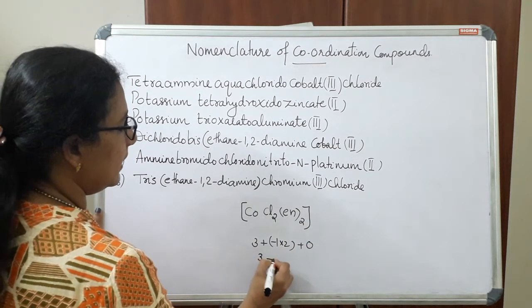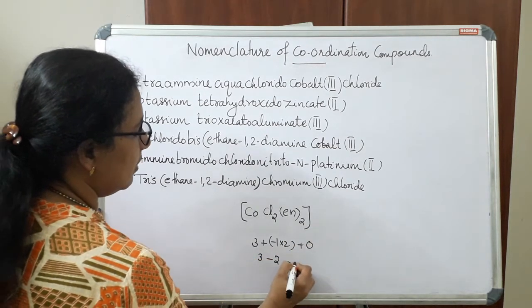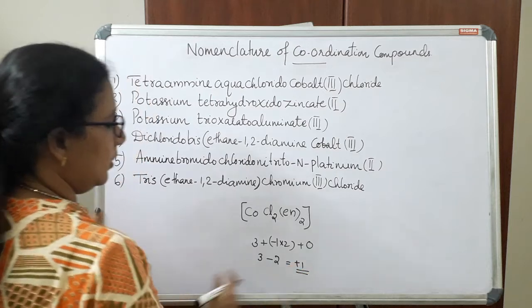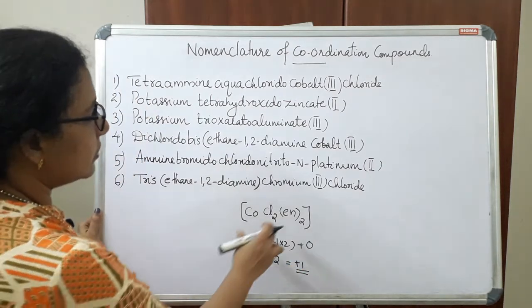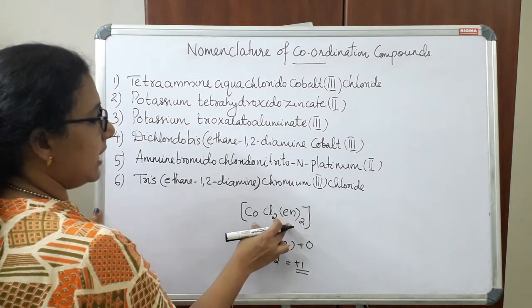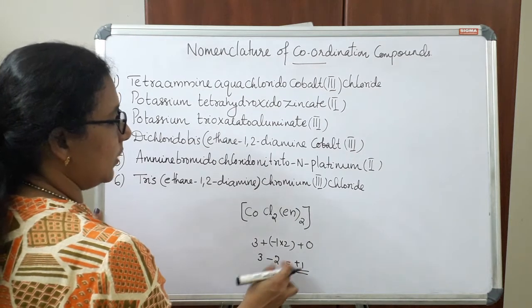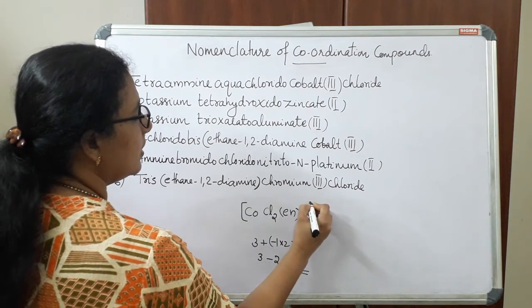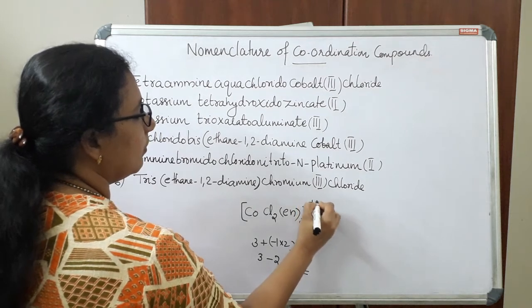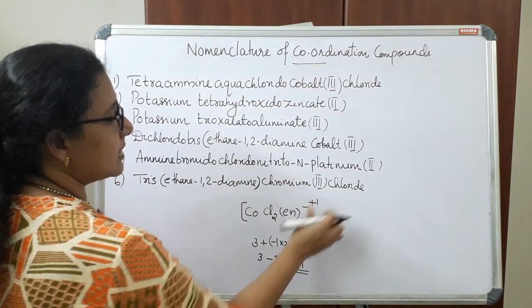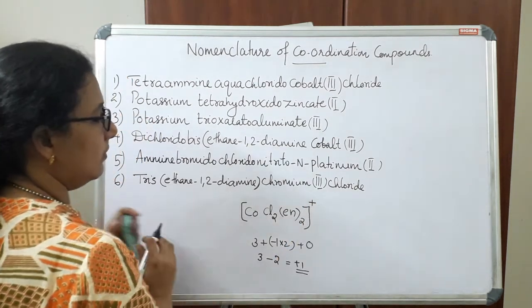So 3 minus 2 is equal to plus 1. So this is an ion, so we need to write the charge. It is plus 1. So this is the cationic part. We can write plus 1 or we can write plus also.